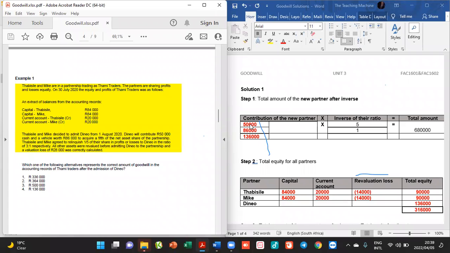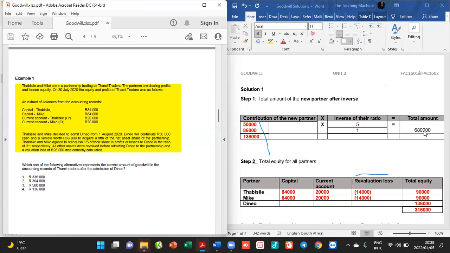We took 50,000, added 86,000, and this is the contribution of the new partner. Then multiply by the inverse, which is 5/1, because remember, the original ratio is 1/5. So when you reciprocate, it should give you 5/1.